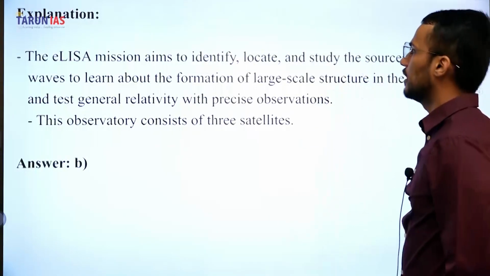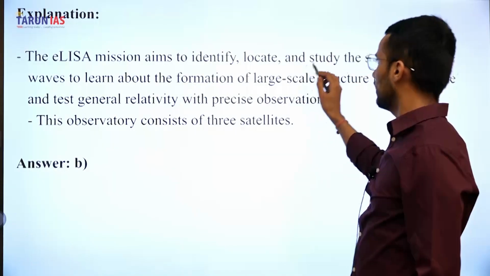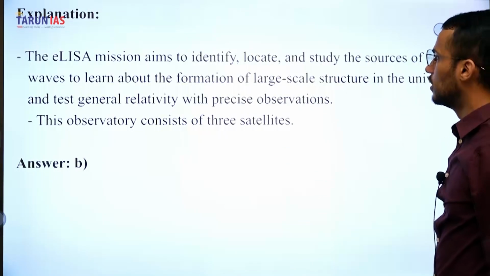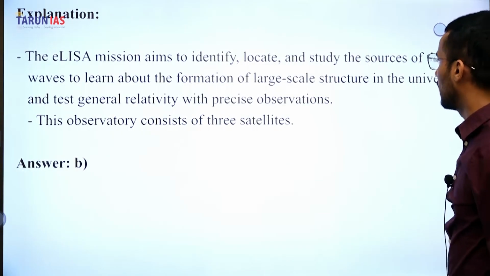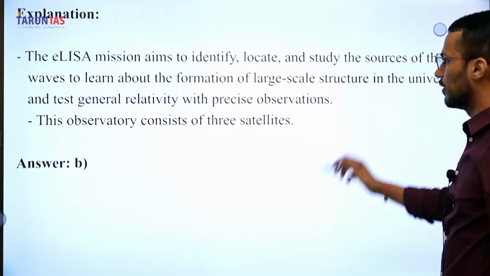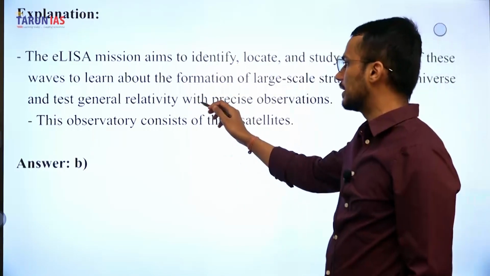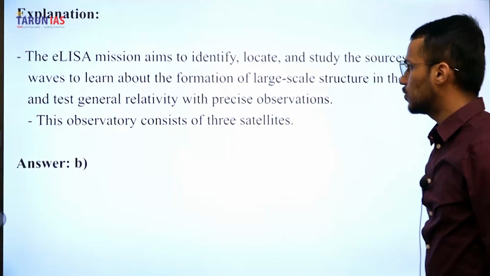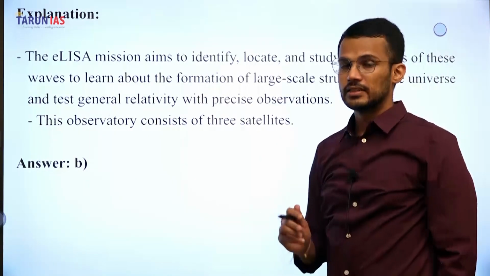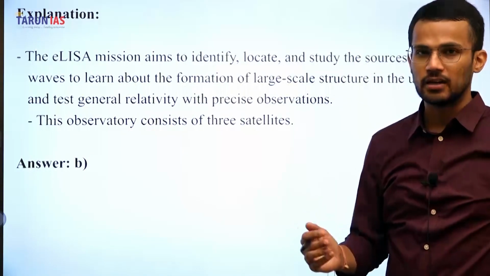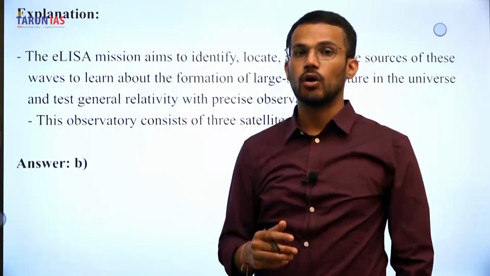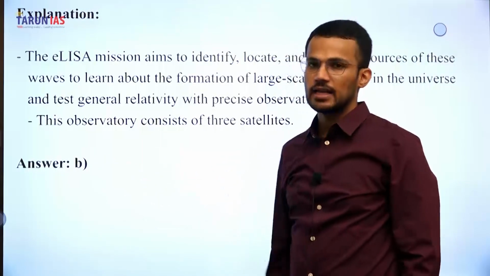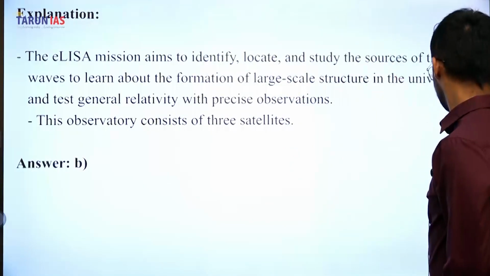The LISA mission aims to identify, locate and study the sources of gravitational waves to learn about the formation of large-scale structures in the universe and test general relativity with precise observations. This observatory consists of 3 satellites. So LISA is for the detection of gravitational waves mentioned in option B, and hence the answer is B.